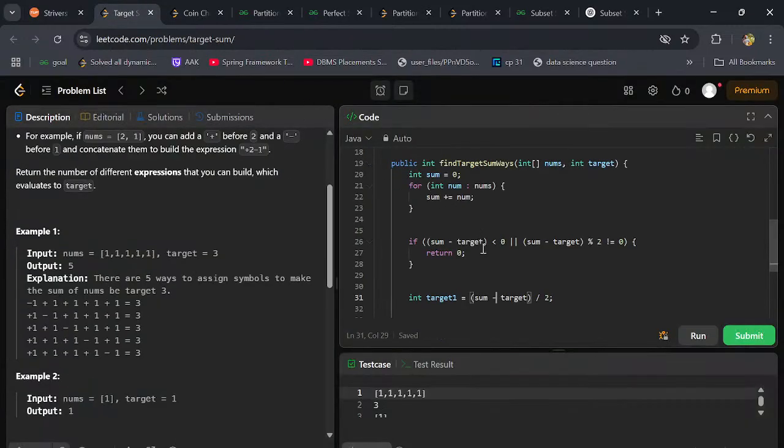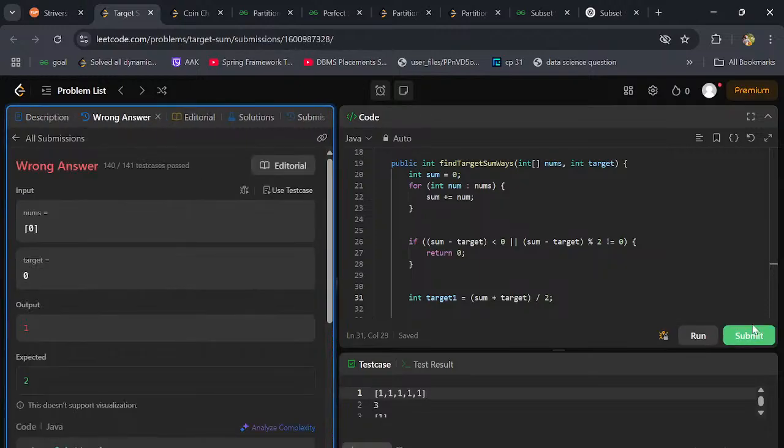It will work definitely. Let's try this. It has to work, I guess. Yeah, it's working.